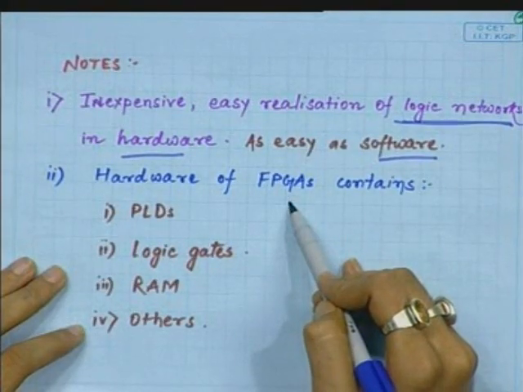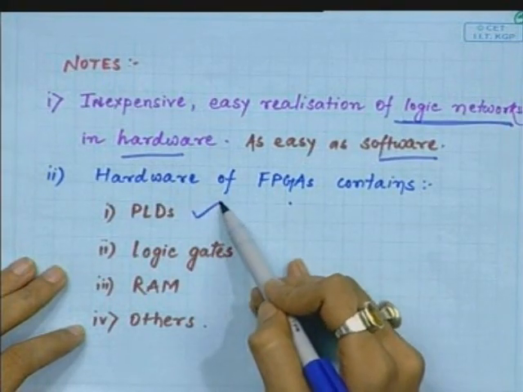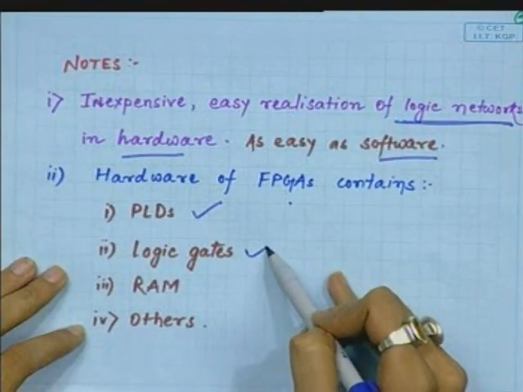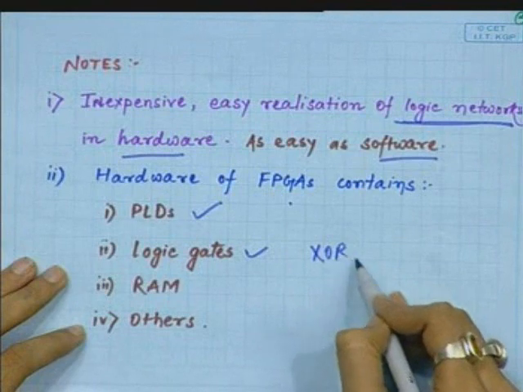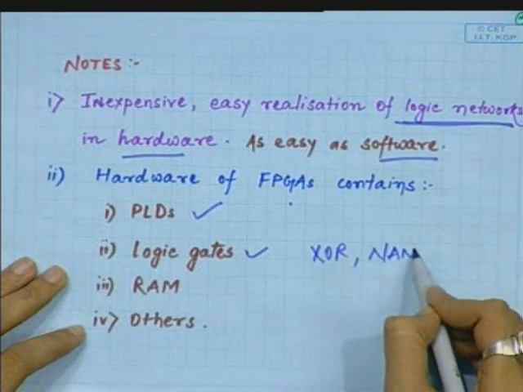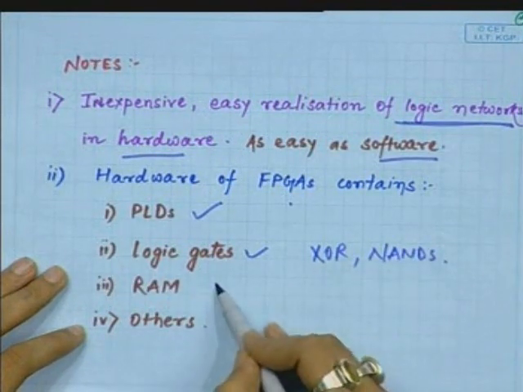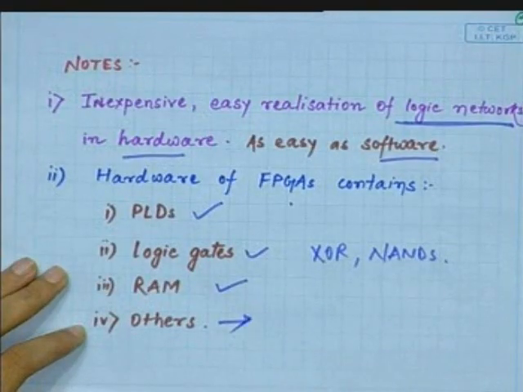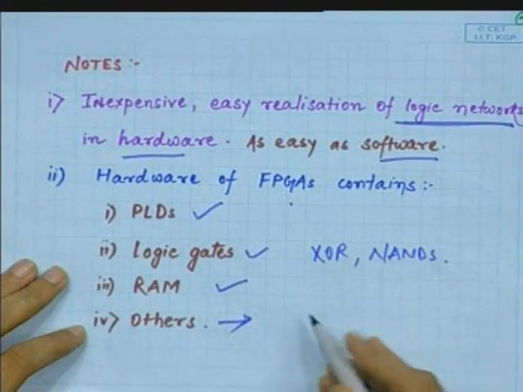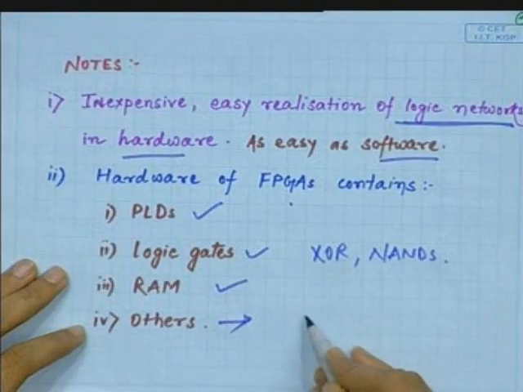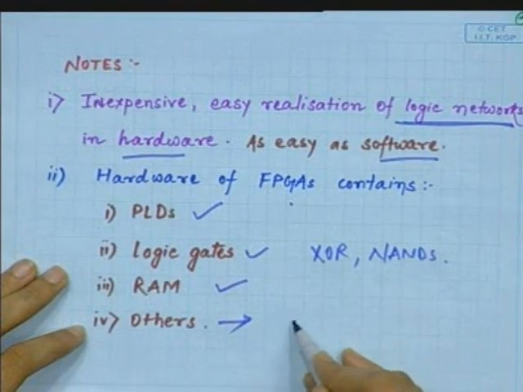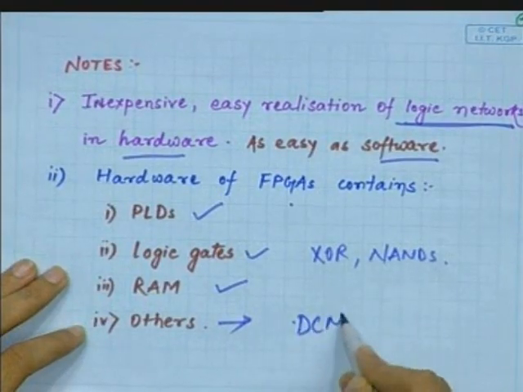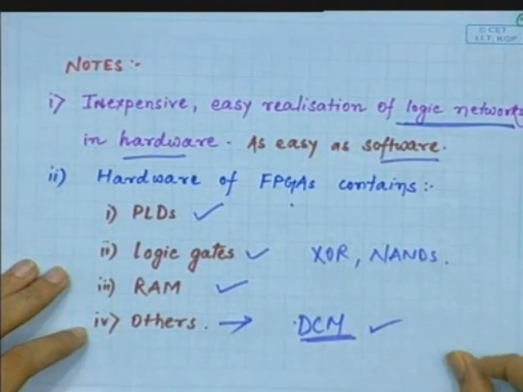FPGA generally contains some programmable logic devices, some logic gates such as XOR, NAND, some RAMs and some other hardware components such as DCM, that is the clock managers, and so on.